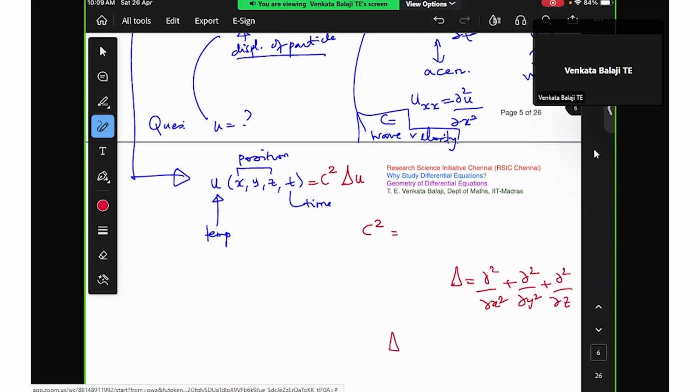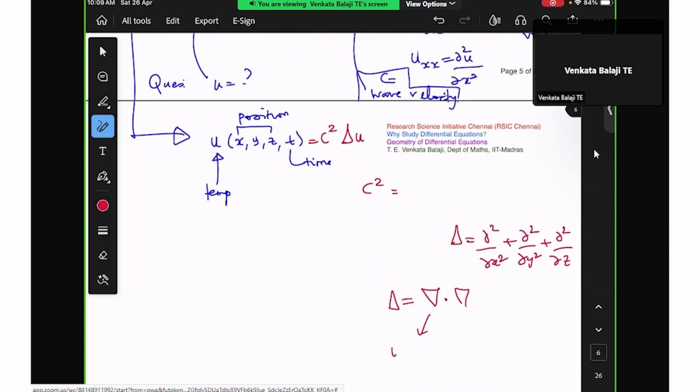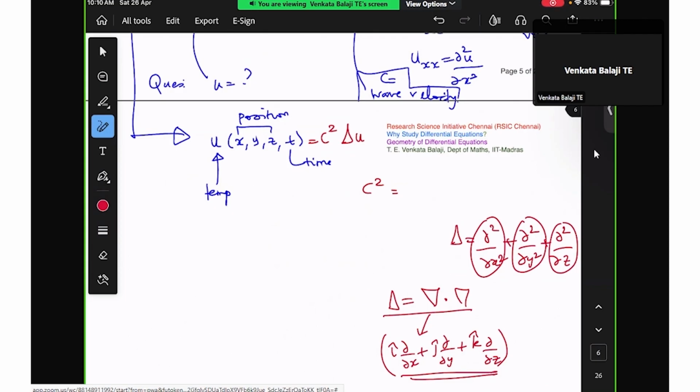Delta is also written as del dot del, where del is a vector operator: i del by del x plus j del by del y plus k del by del z, where i cap, j cap, k cap are your usual unit vectors. If you take the dot product of this with itself, i dot i becomes 1, only del x dot del x survives, and that gives you this term. Plus you will get del by del y squared, plus del by del z squared. So this is the equation.